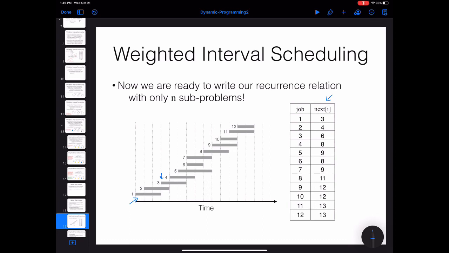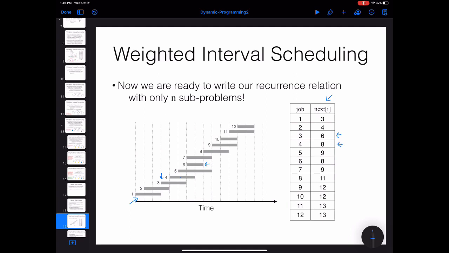What is the next of 3? For 3 you cannot take 4, you cannot take 5, so next of 3 is going to be job 6. Or for example, next of 4: if you take 4, you can take 5, you can take 6, you can take 7, so next of 4 is going to be 8.